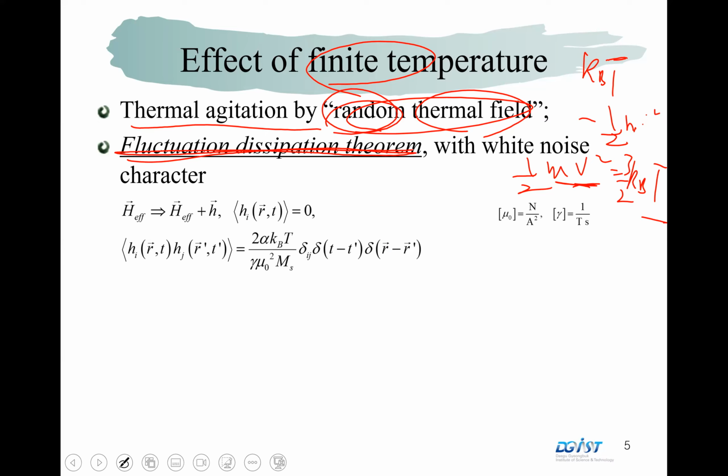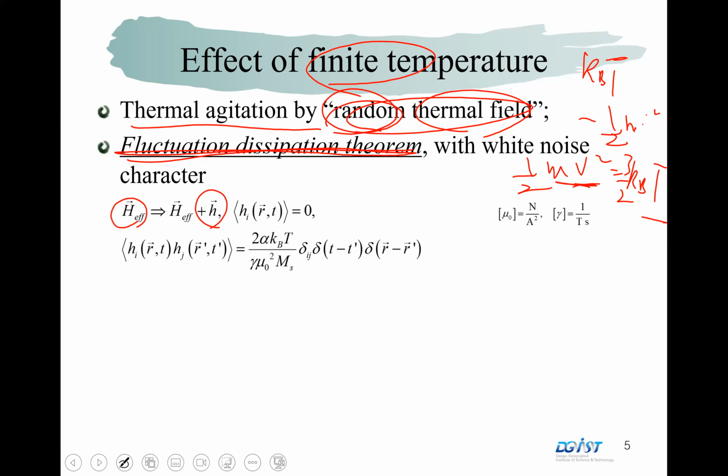And this thermal noise means that if we have an effective field, defined from the external magnetic field, electric field and Zeeman field, we always have a small h defined by the thermal field.